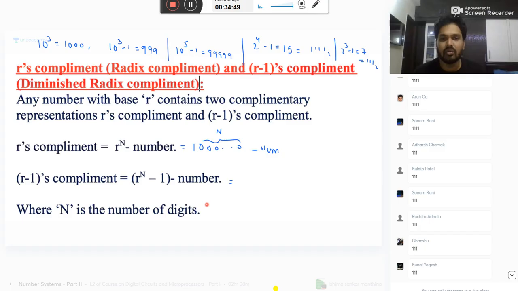If you observe this pattern, I am getting one idea. R power n minus 1 is nothing but here it is 999, here it is 111. You can say simply it is (r minus 1), (r minus 1), (r minus 1), n number of times, minus number.